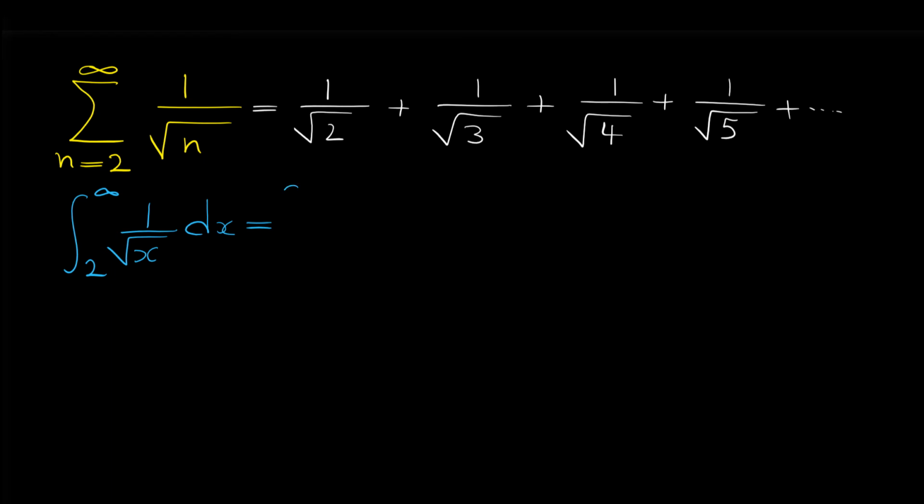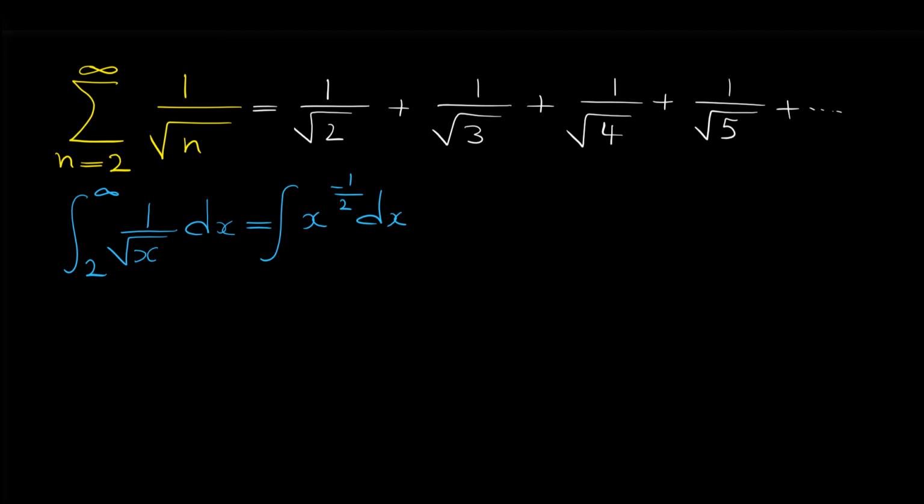For finding this integral, first I rewrite the integrand in the form of x to the power of negative 1 over 2. Note that radical x is x to the 1 over 2. But because we bring the radical x from the denominator to the numerator, we have to make the power negative.